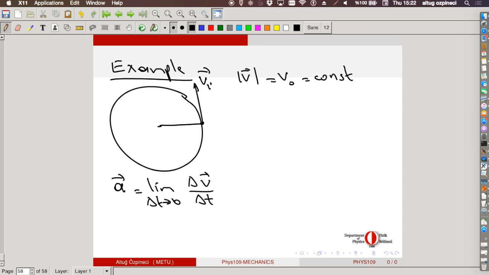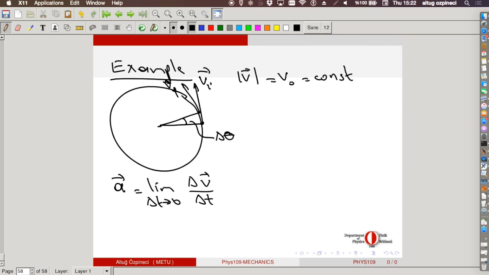I can take a very small delta t. In a very small delta t, it will just go over a very small angle. It will go over here, and this will be the new velocity, v final. This is the change in the angle theta, let's say, delta theta.